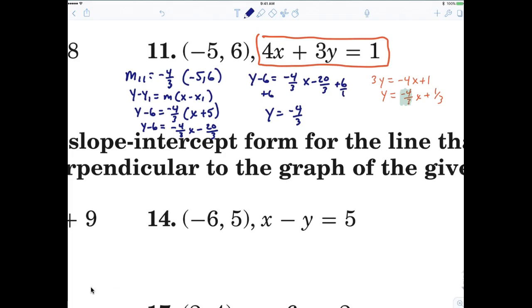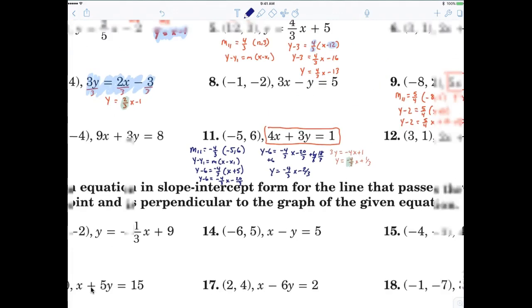So that's 6 over 1. That becomes 18/3. So y equals negative 4/3 x, and then it would be minus 2/3. So again, that is how you write the equation of a line when the lines are parallel.